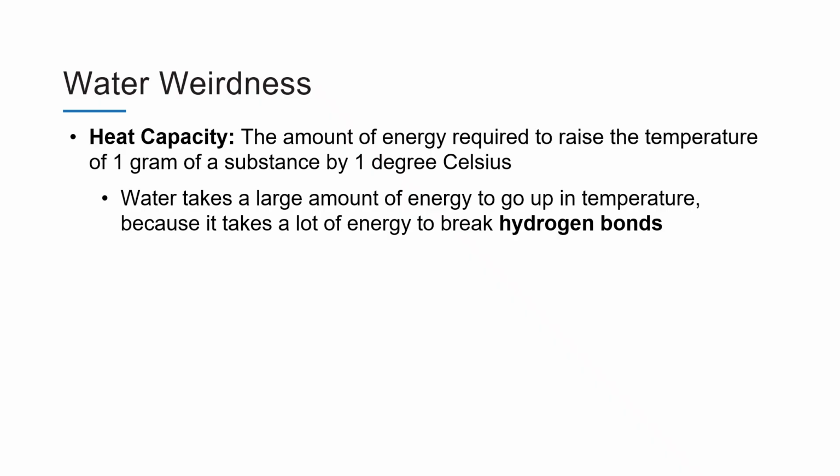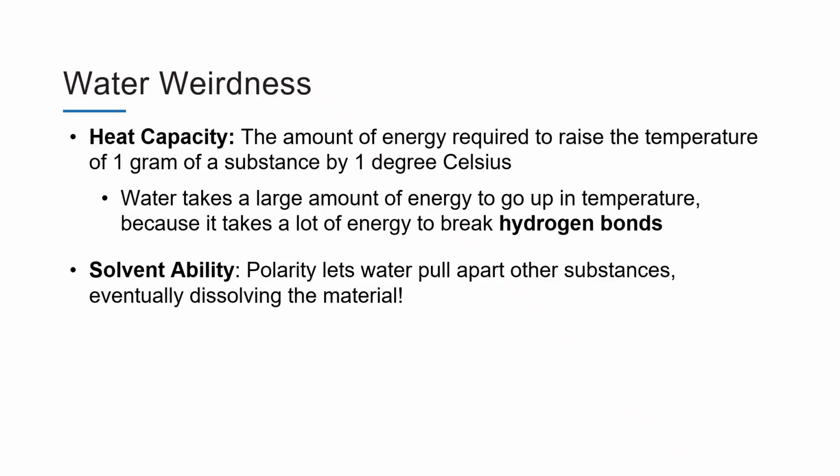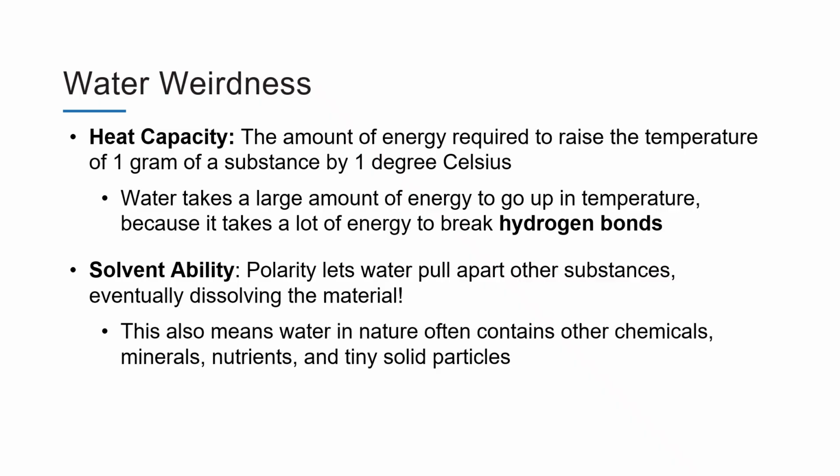So this is, for example, why water heats up slower than land. And last here is that water is a powerful solvent. Its polarity lets it pull apart other substances, eventually dissolving the material. And this also means that water found in nature often has other stuff in it, so like other chemicals, minerals, and nutrients. And that's why water tastes different in different places.